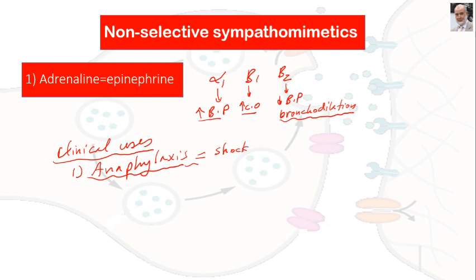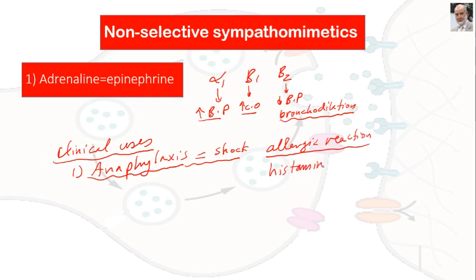Usually this is an allergic reaction to any foreign antigen. The body will consider it as an antigen. It forms antibody, and this antigen-antibody reaction will result in a severe allergic reaction with the release of many mediators, including histamine.